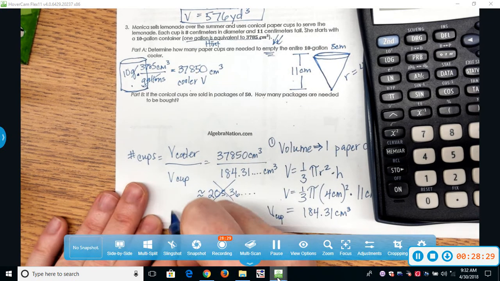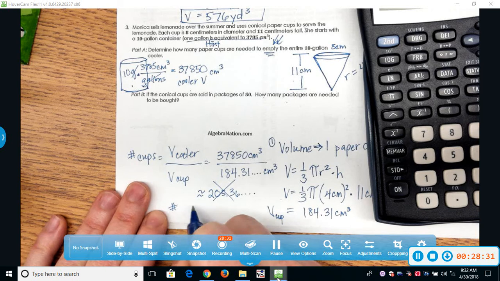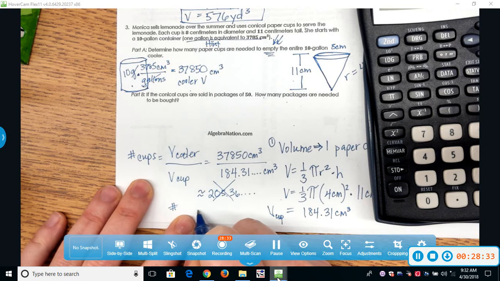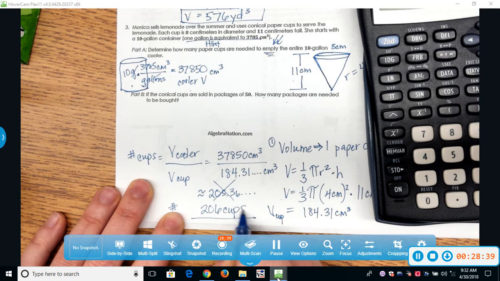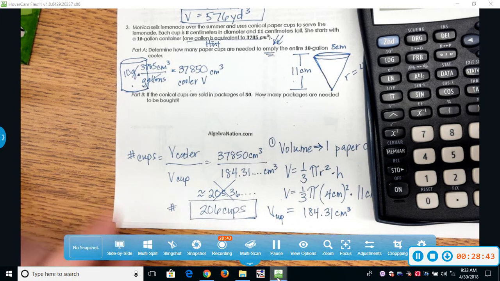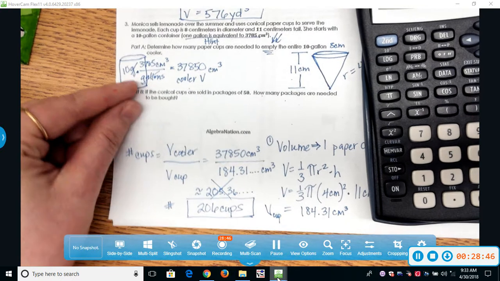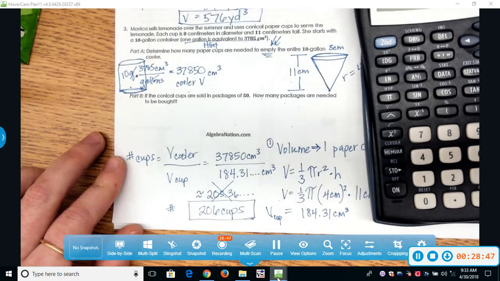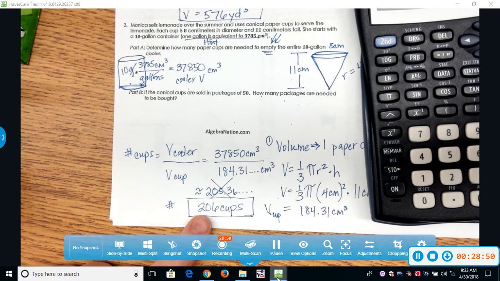So what they're looking for is for you to go, okay, in order to empty, I'm using 206 cups. That's your answer. If you stop at 205, there's still a little tiny bit left in your cooler. So make sure you think about what they're asking and you do that. You round to whole numbers when necessary.